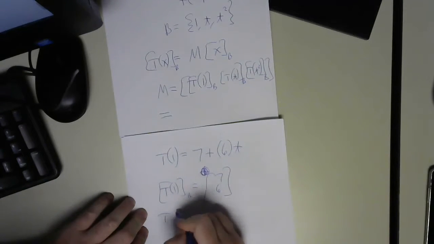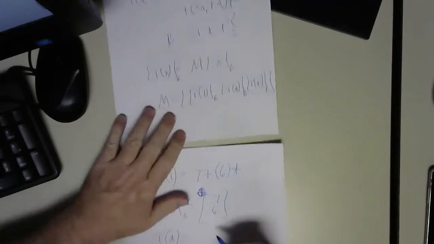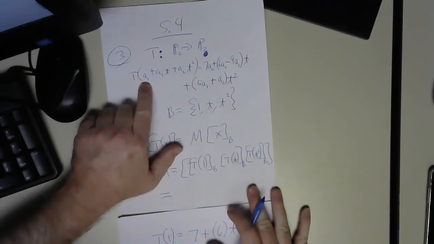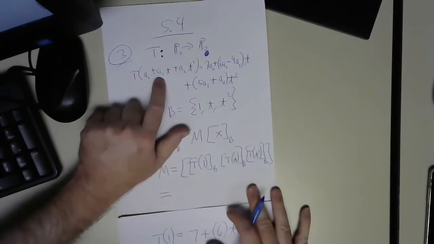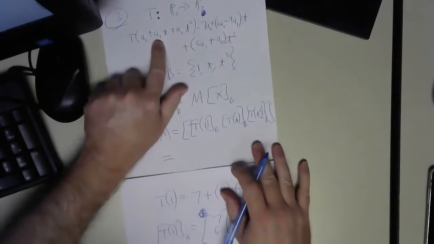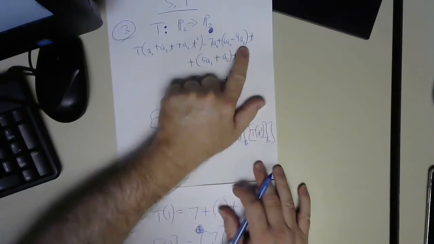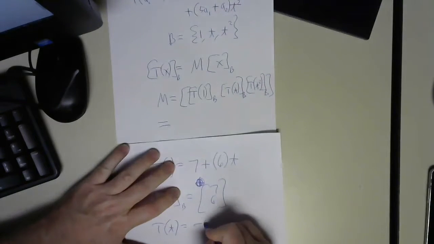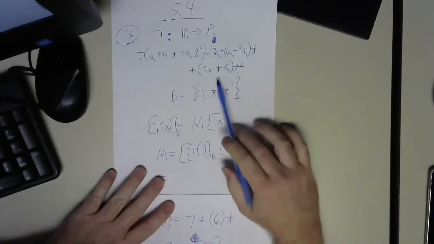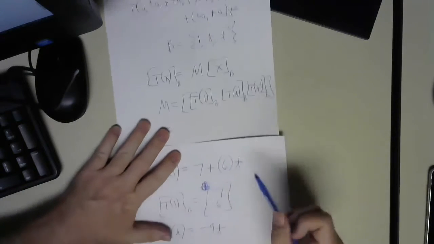But now let's find T of t. This time A0 is 0, A2 is 0, and A1 is 1. So the only thing that's non-zero is A1, and it's 1. So it'd be negative 9t, plus 5t squared.